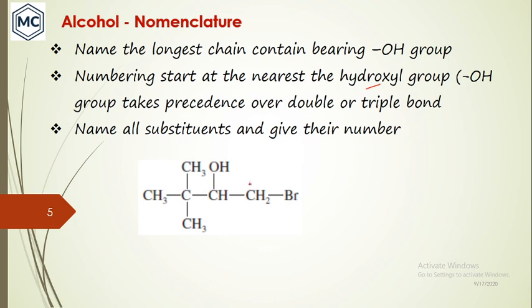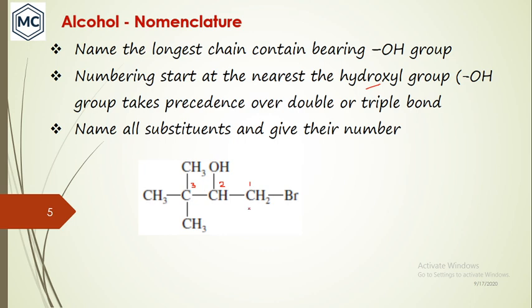In this case, you have to start numbering from this end, because if you start numbering from the other end, the hydroxyl will get 3, and the hydroxyl should get the lowest number. Also, the first carbon has a substituent here.